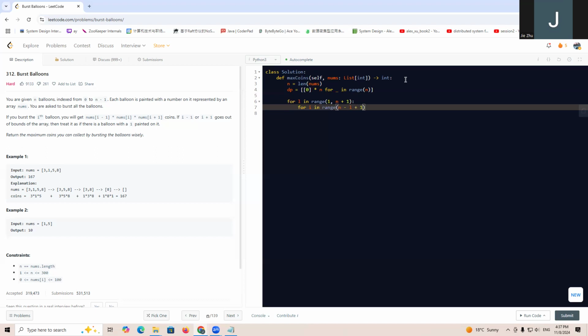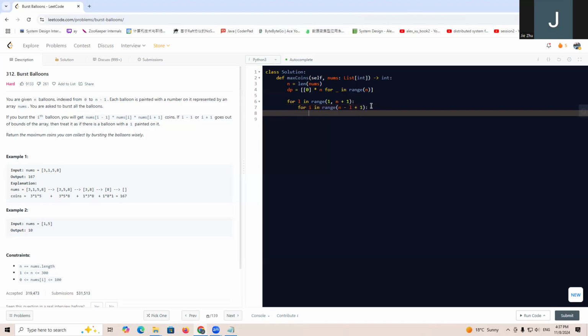Because if L is 1, then i will be in range n. So it should be n minus L plus 1. So we'll have j equals i plus L minus 1.